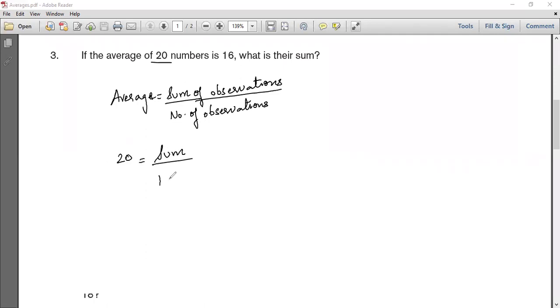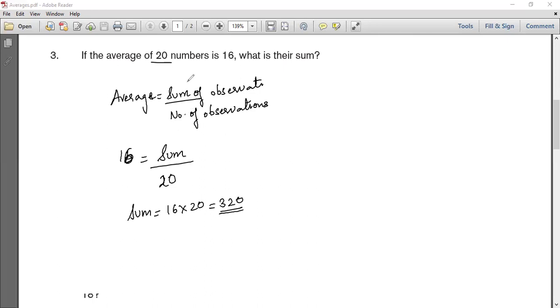So you just multiply 16 times 20, which is 320. So the sum of the 20 numbers whose average is 16 is 320.